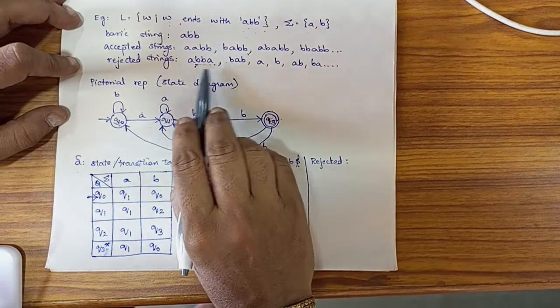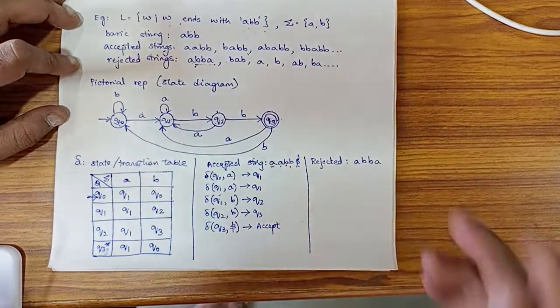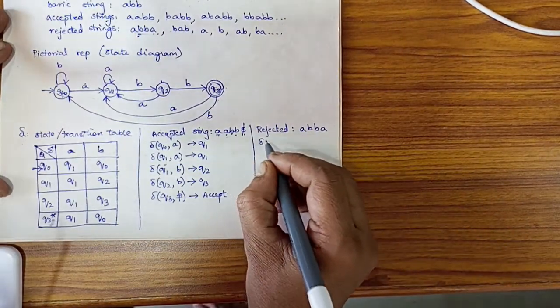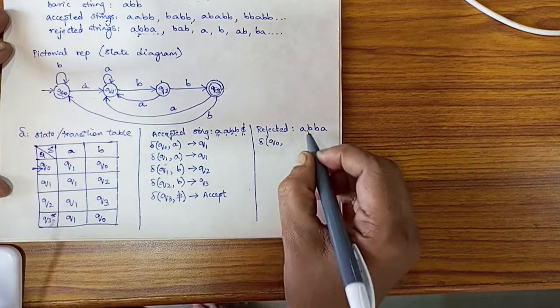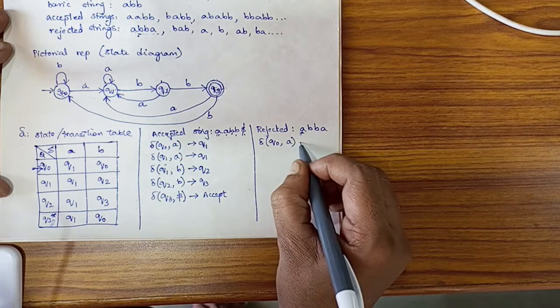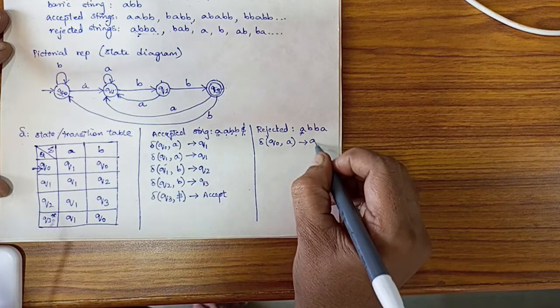Let's take an example, let's say A, B, B, A, this example, okay? So I'm just going to take again the same concept, Q naught, you'll always start with Q naught, which is my start state, and the first input symbol. Okay? So Q naught on reading an A goes to Q1.